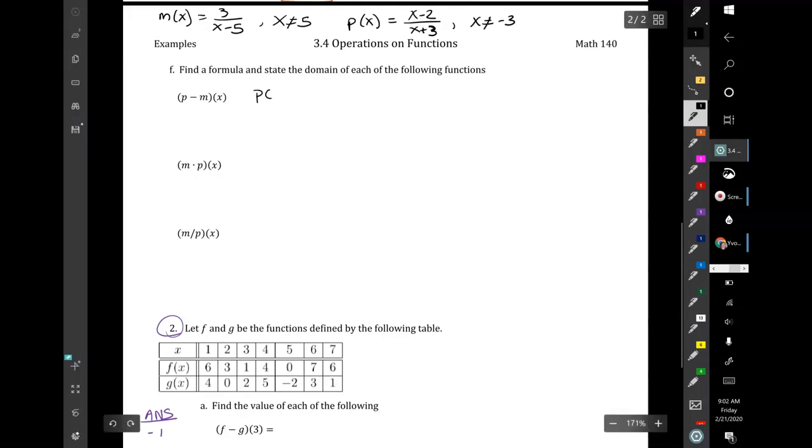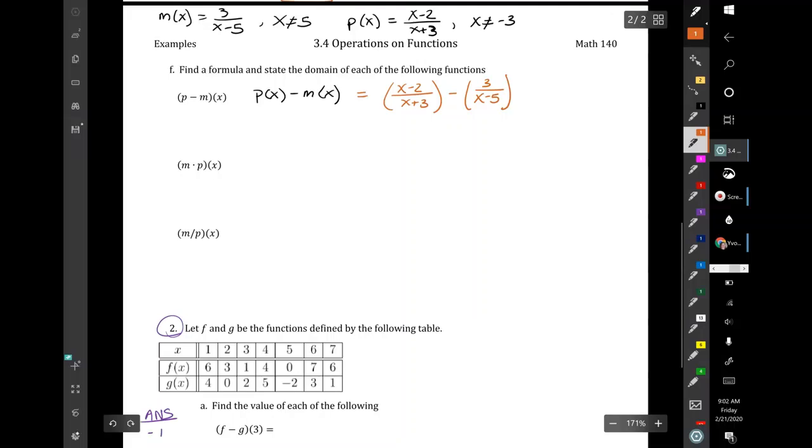So that's the same as p of x minus m of x. And we would just go ahead and pop in what we have for p of x, x minus 2 over x plus 3. This time we're not plugging any numbers in, we're just kind of keeping it in its generic form there. And m of x is 3 over x minus 5.